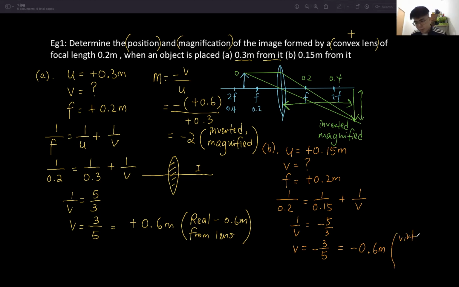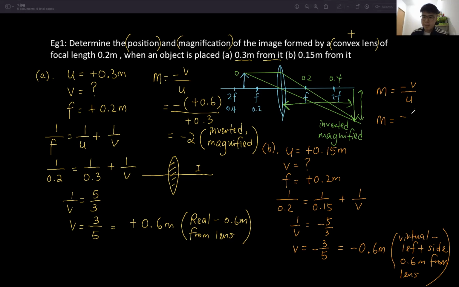This is virtual, left side, 0.6 meter from the center of the lens. Okay, find the orientation. M equals minus V over U. M equals minus negative 0.6 over 0.15. So these two become plus.